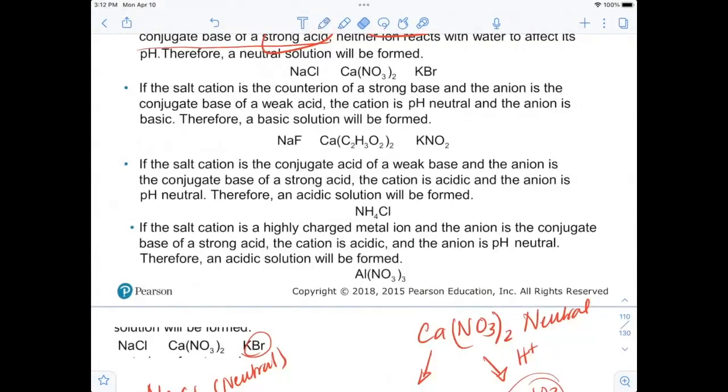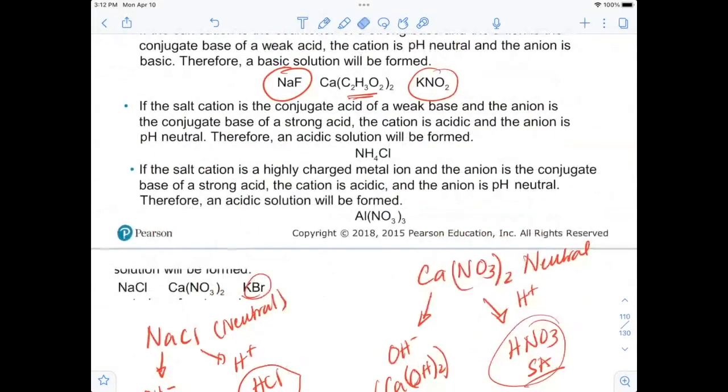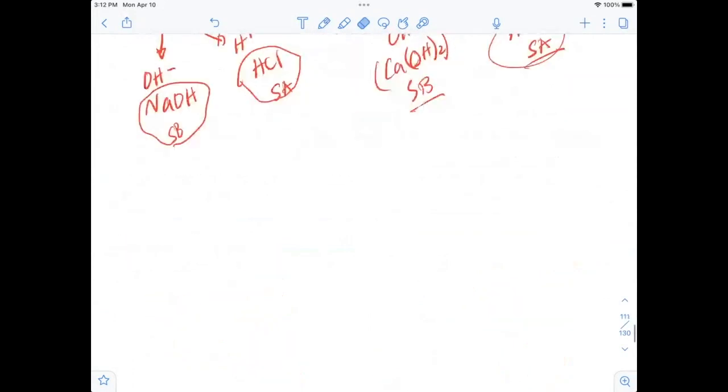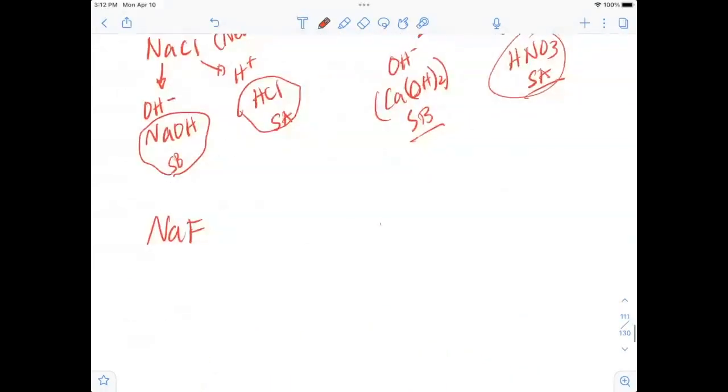Let's go through here. I'll pick 2 to show you how this is weak. I'm going to pick the first one and the last one. For sure, this is a weak acid. This is not even one of the 6 strong acids, right? Yeah, I'll pick those 2. So sodium fluoride. What was the other one? KNO2. Once again, add OH, add H plus.